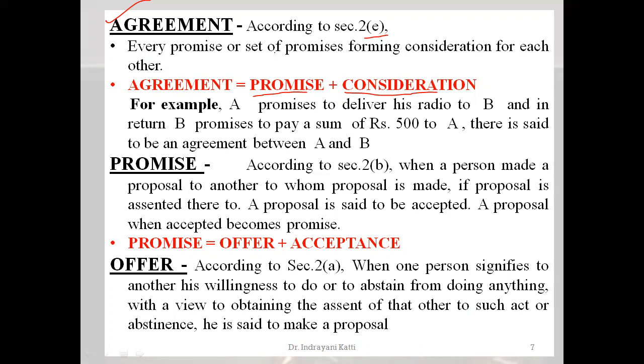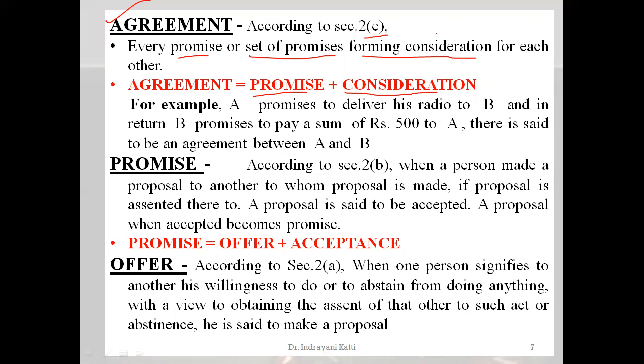Again, every promise or set of promises forming consideration for each other. There are two parties, and for each party the consideration is there. Consideration is nothing but something they are going to get back.